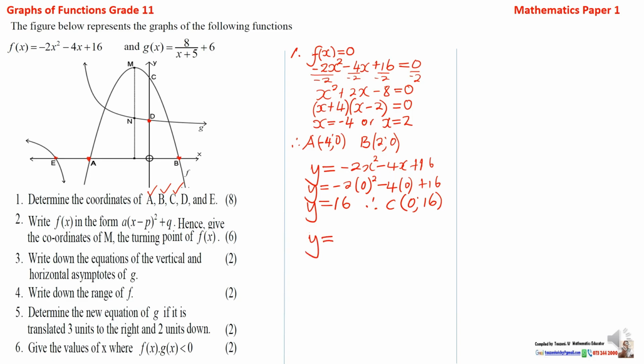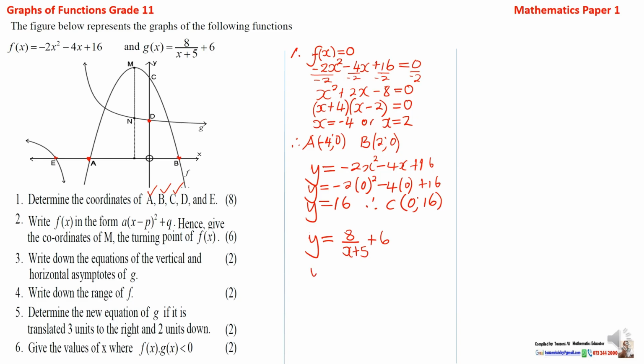Using the same method, to determine the x-intercept of any graph, we substitute y with 0. To determine the y-intercept of any graph, we substitute x with 0.